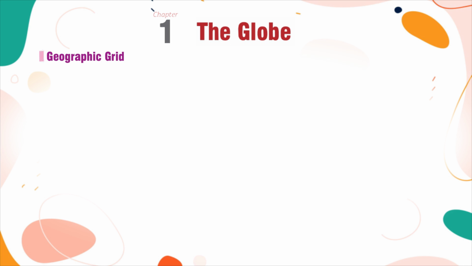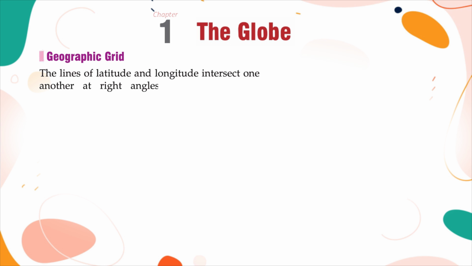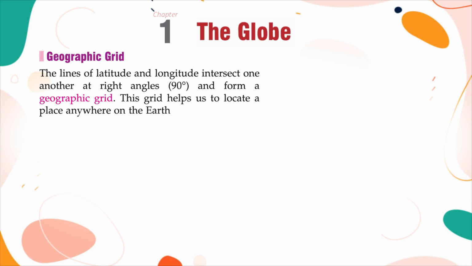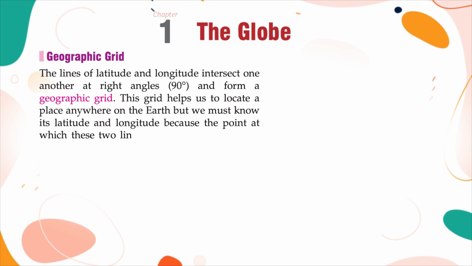Geographic grid. The lines of latitude and longitude intersect one another at right angles, that is 90 degrees, and form a geographic grid. This grid helps us to locate a place anywhere on the Earth, but we must know its latitude and longitude because the point at which these two lines intersect each other will be the location of that place.